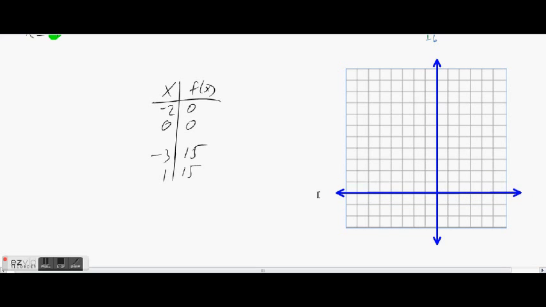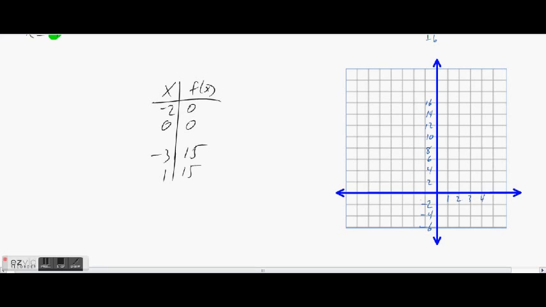Alright, so we have negative 2, negative 4, negative 6, 2, 4, 6, 8, 10, 12, 14, 16. Now I'll be able to get up to that 15. And on the x-axis, I'm going to go by ones.